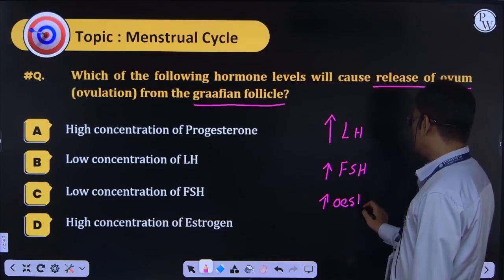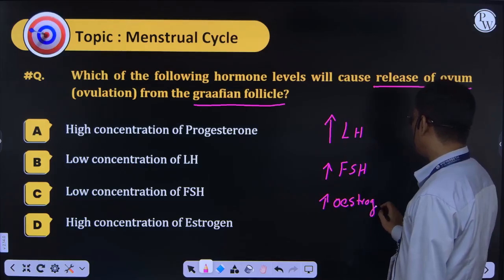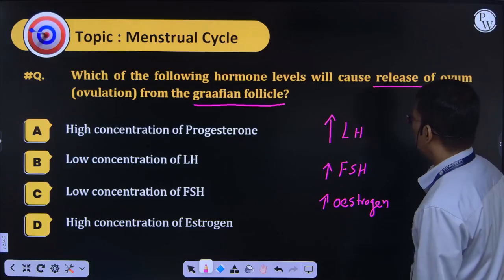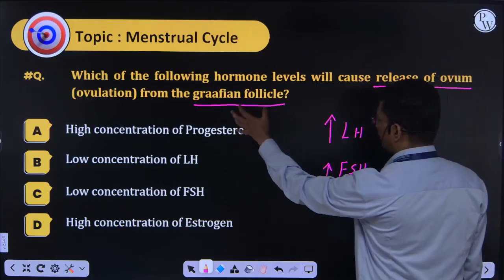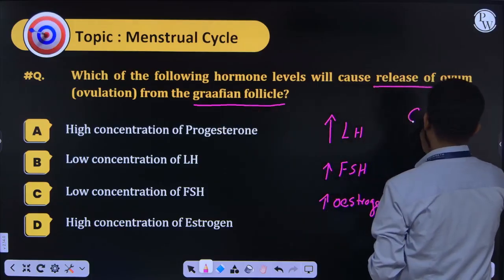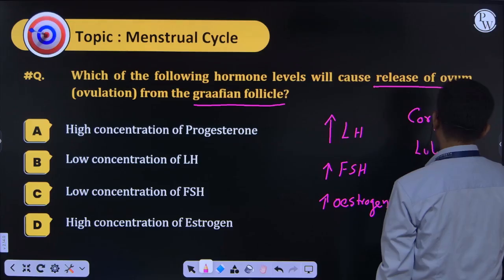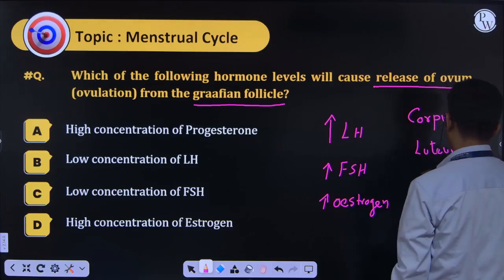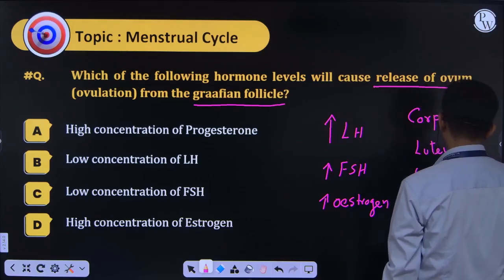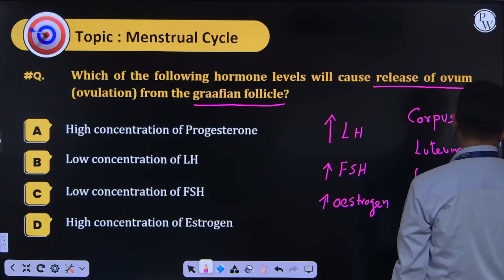These three hormone levels are high in mid-cycle. This leads to the breakdown of the Graafian follicle, forming a temporary endocrine gland called the corpus luteum. The corpus luteum produces progesterone, which will maintain the pregnancy.